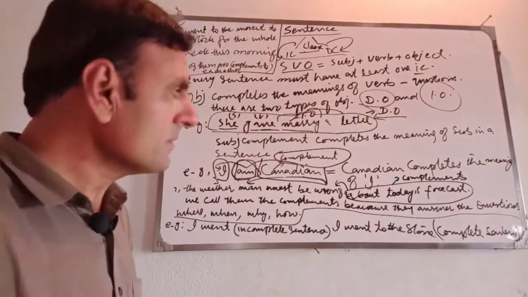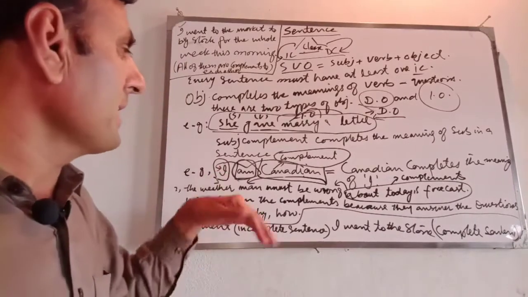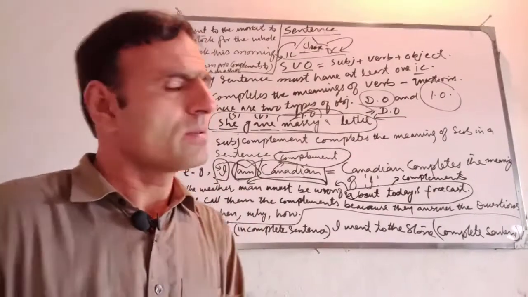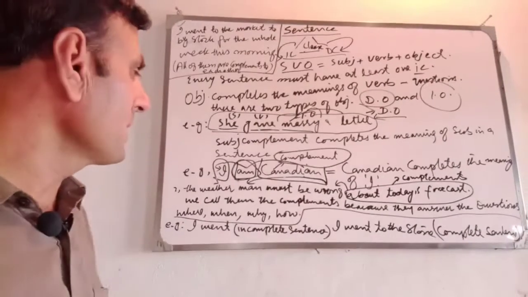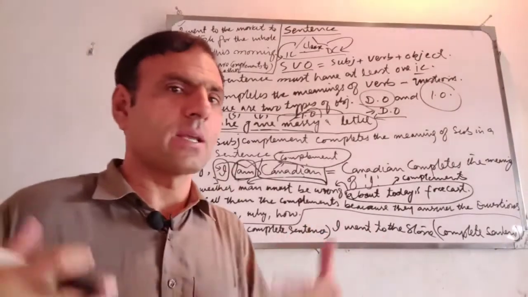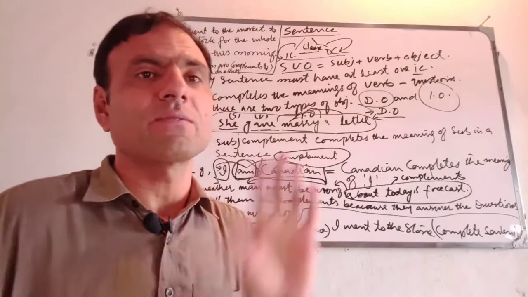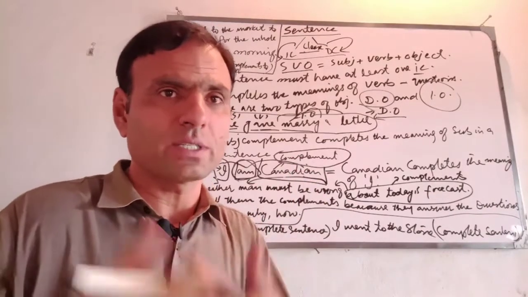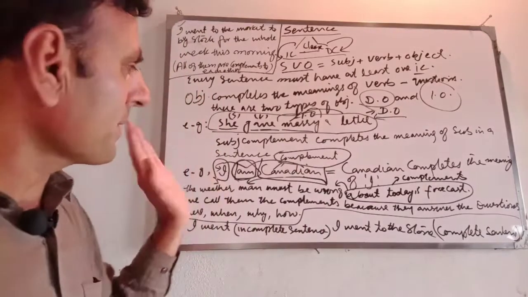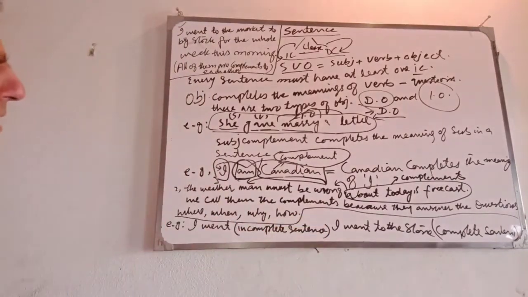If we say just "Canadian," there is no clear meaning. "I am" what? "I am" is nothing. A complement is necessary in a sentence so that we understand things about the subject. "I am Canadian," that's okay.